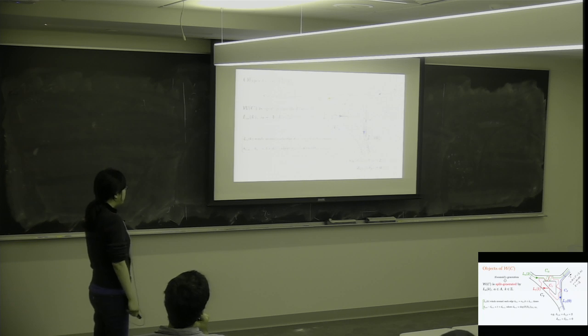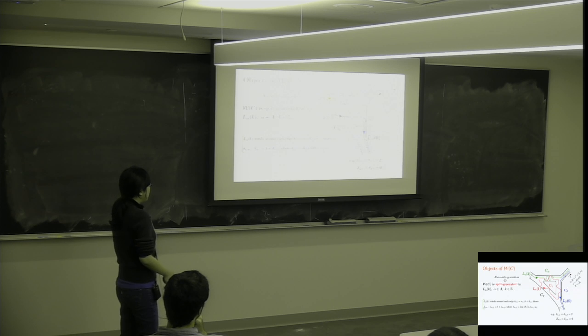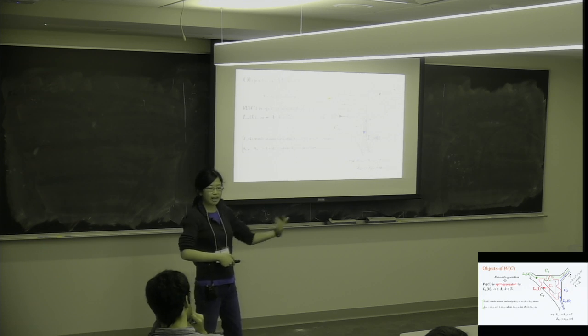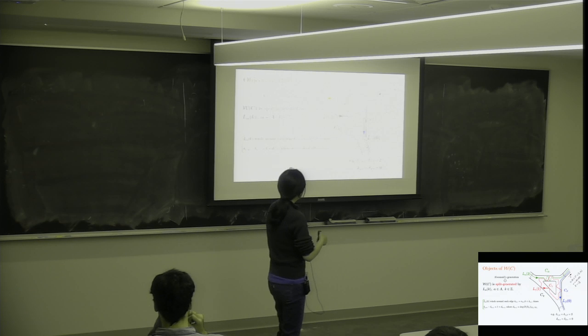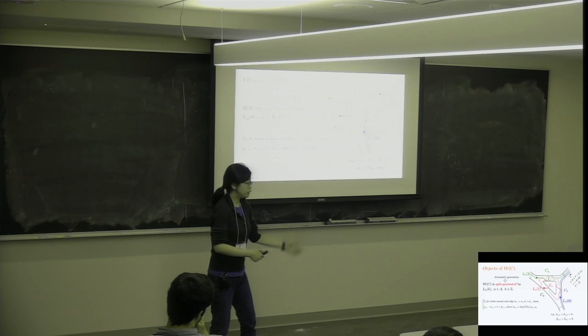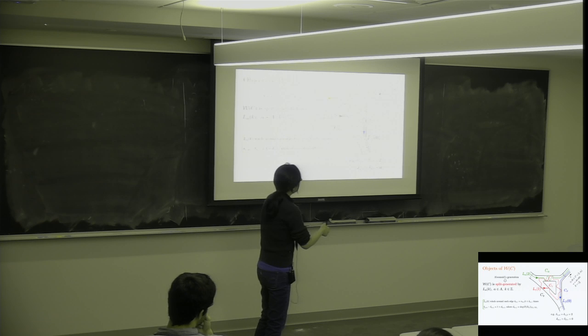About the wrapped Fukaya category, let's first talk about the objects that we want to consider. The wrapped Fukaya category contains both compact Lagrangians, like this red curve here, and also non-compact Lagrangians. Any punctured Riemann surface we can think of as a Liouville manifold, where we model each puncture by the symplectization of this S1 here.